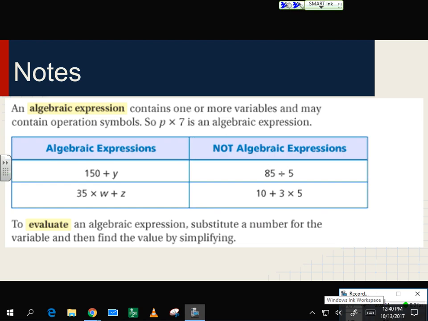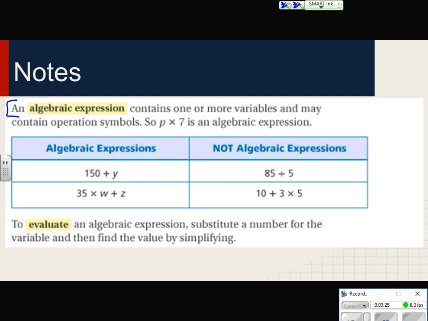Now, let's talk about the word expression itself. Remember, the difference between expression and equation is simply that expression is not having an equal sign. But when you use an algebraic expression, that means you're containing one or more variables that may contain the operation symbols. So that's the one thing I do want you to write down. Down here where it says to evaluate, that's basically solve the problem. You're going to see the word evaluate quite a bit.